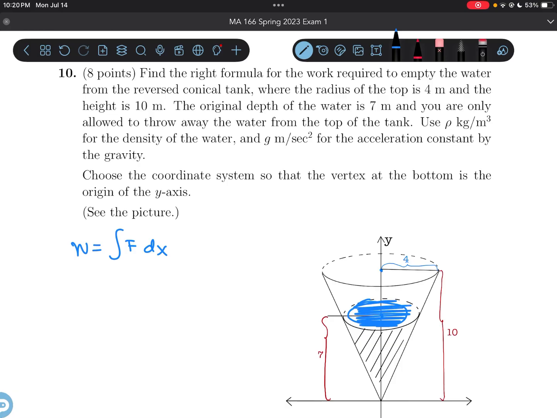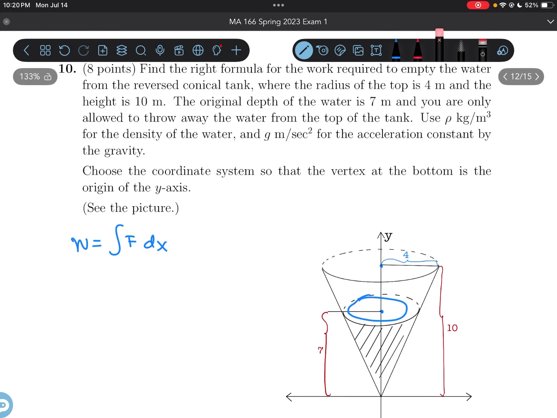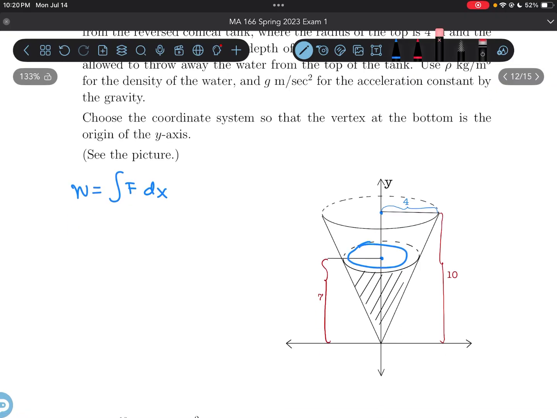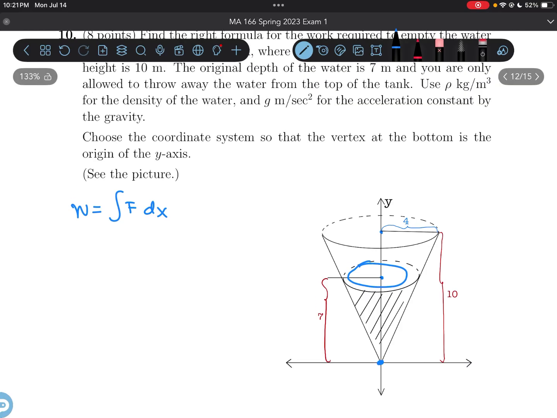And we take that for each thin layer of water, add that up, and that's how we get work. Okay, so first, they tell us that this point over here is the origin. So first we need to find the force, or in this case that's the weight.